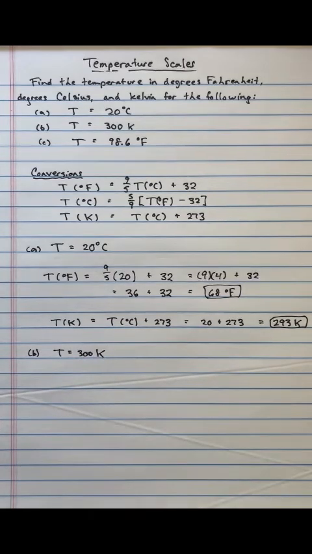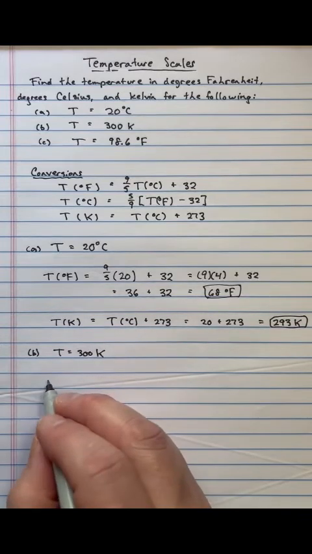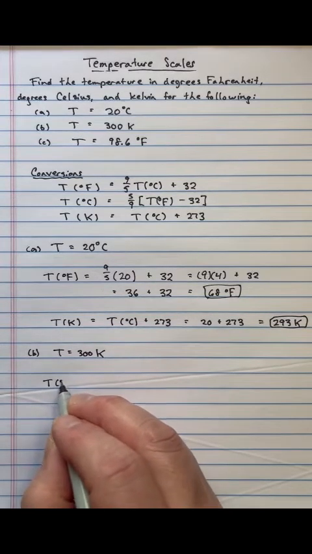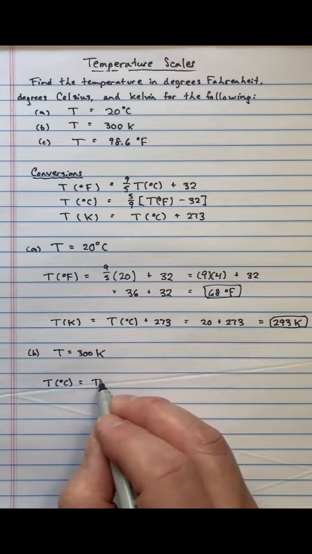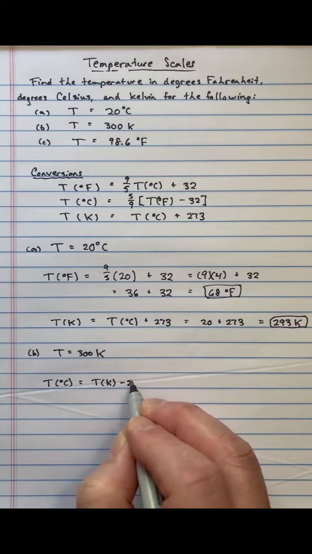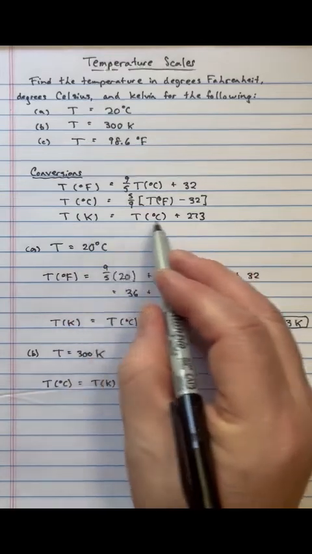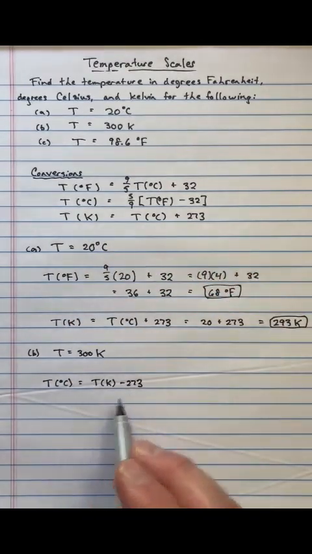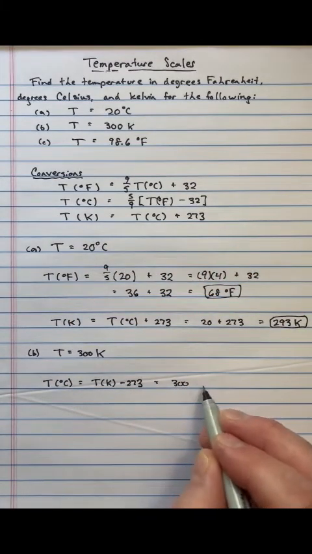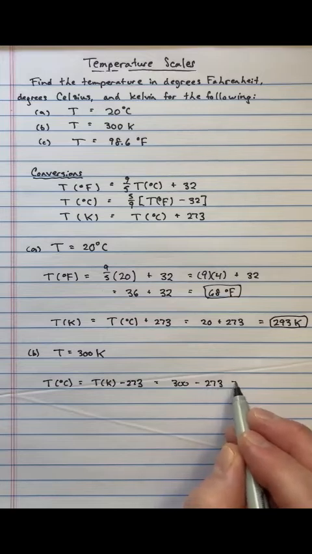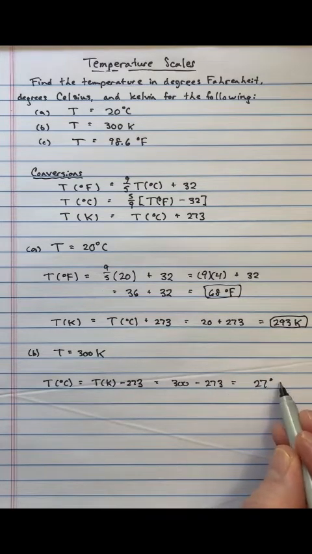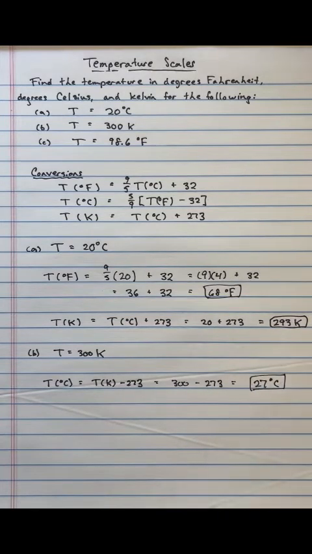Now, the way to get to Fahrenheit is to first go to Celsius. So let's do that. So temperature in Celsius will be the temperature in Kelvin minus 273, right? So 300 minus 273 is 27 degrees Celsius. Like that.